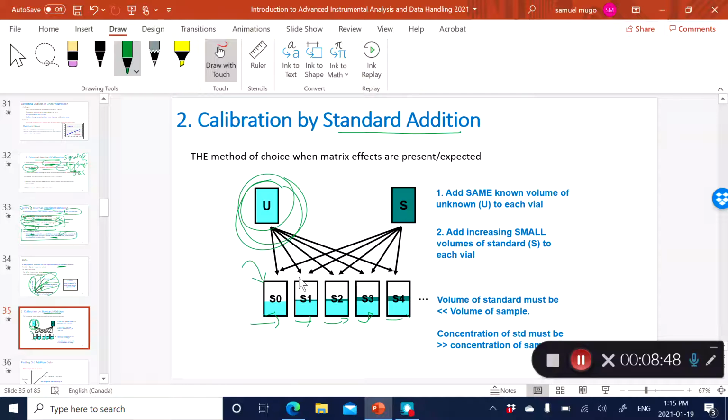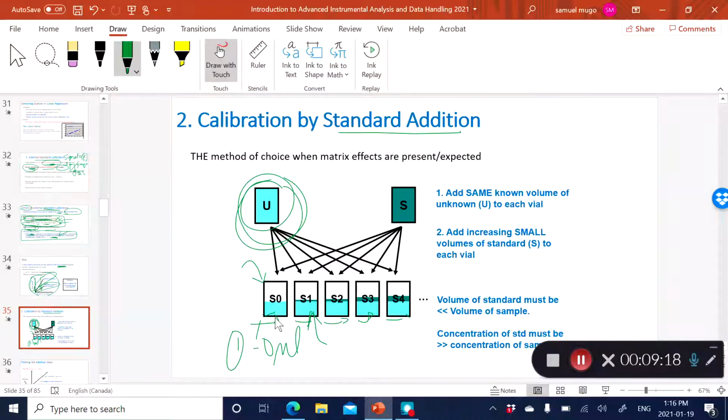And so you can see in the very end, the standards have got the unknowns, meaning the matrices, all the same, and they've got increasing concentration of the standard because you spiked them with a concentration of the standard, but with different volumes. So for example, in vial 1, you can spike it with 0 microliters of the standard.